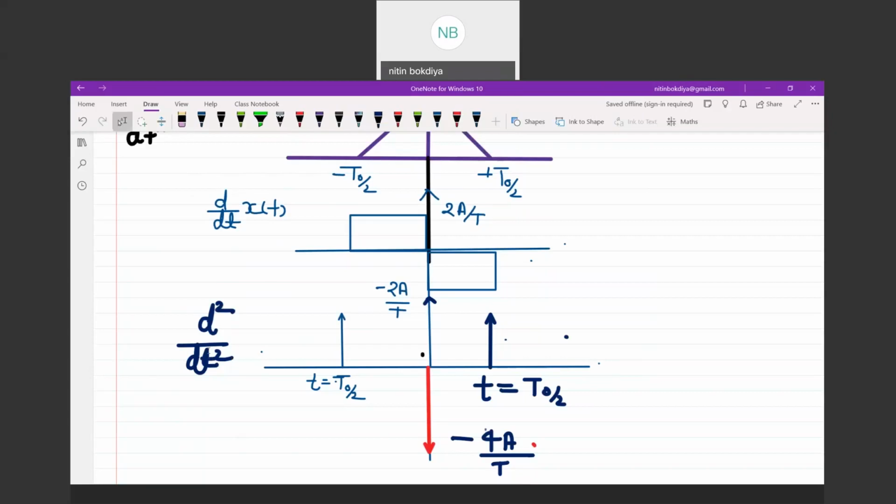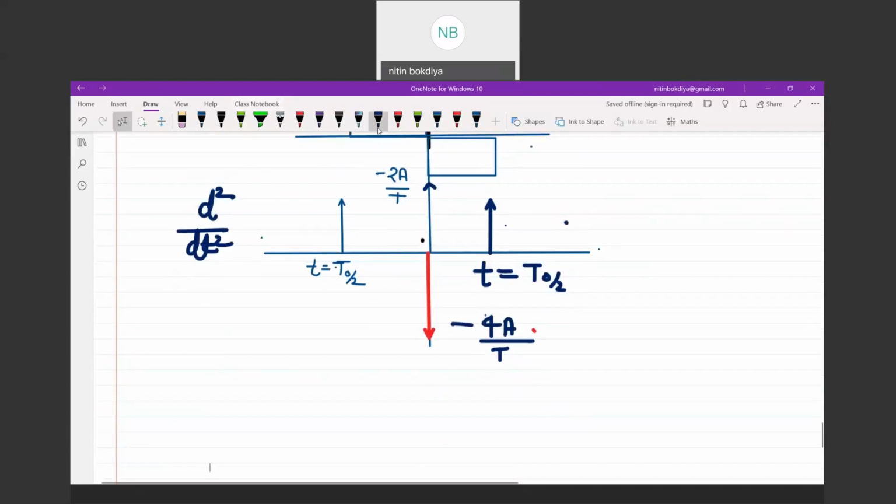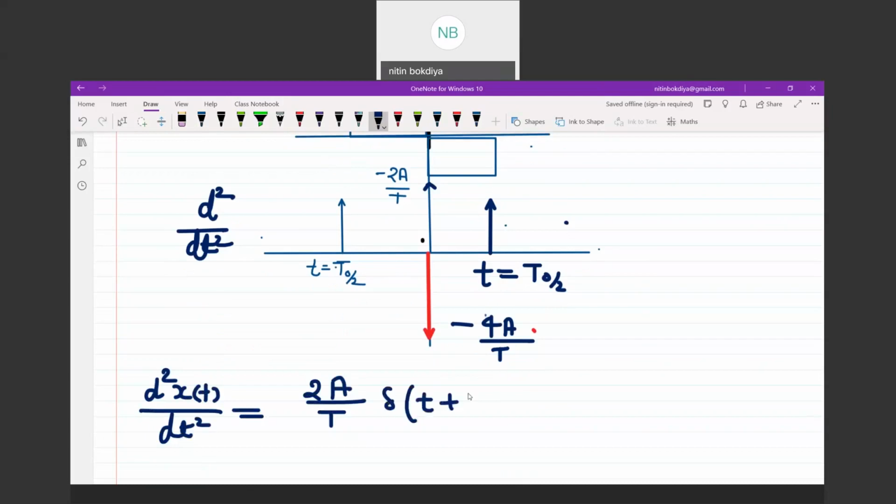So I can say now my function is having the easiest form in which we can calculate. We can say d2 x of t divided by dt2 is equivalent to 2a by t del of t plus t naught by 2, if I write this function, plus 2a by t, I can write del of t minus t naught by 2 if I write for this function.